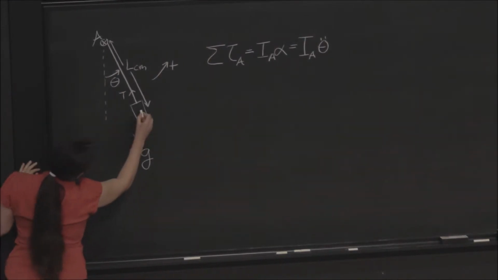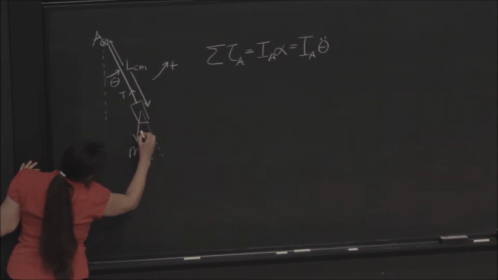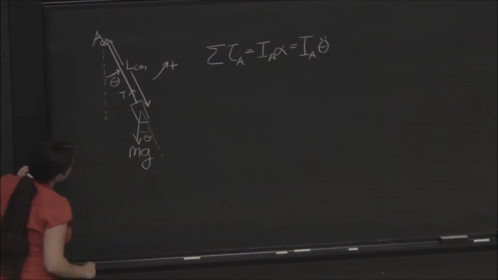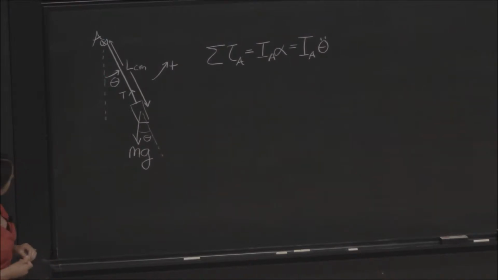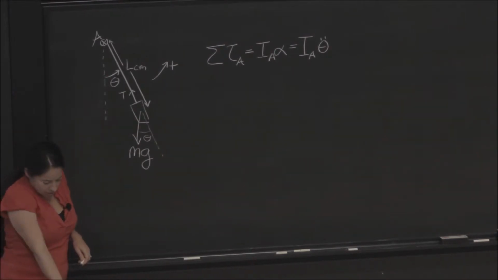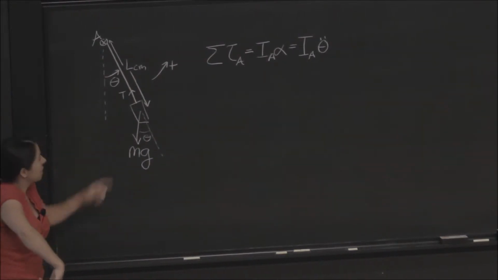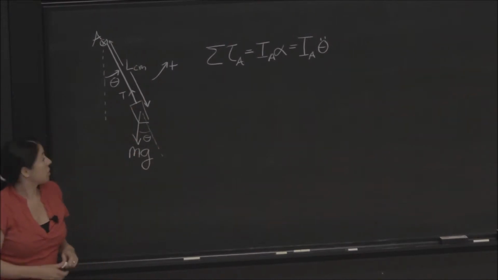What about gravity? Sure. If we go from the pivot point to gravity, that's going to give me something rotating this way, which is in the negative direction.